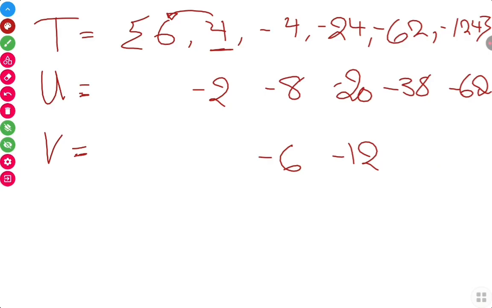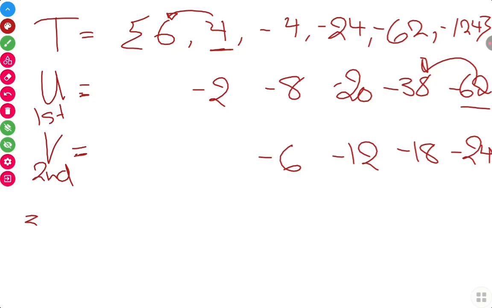You get negative 18. And then negative 62 minus negative 38, you get negative 24. So the second set of differences was not equal either. This is the first, this is the second. So the second set of differences was not constant either, so we have to do a third set of differences.